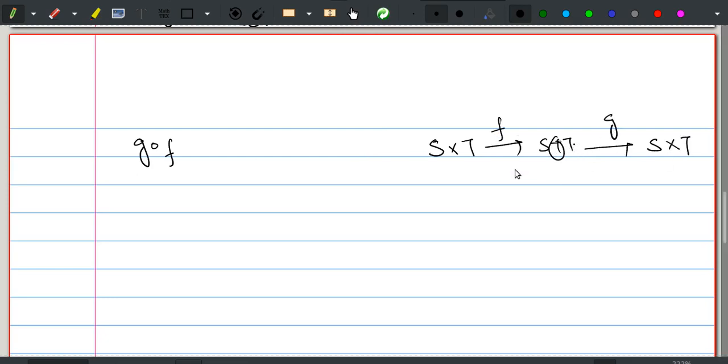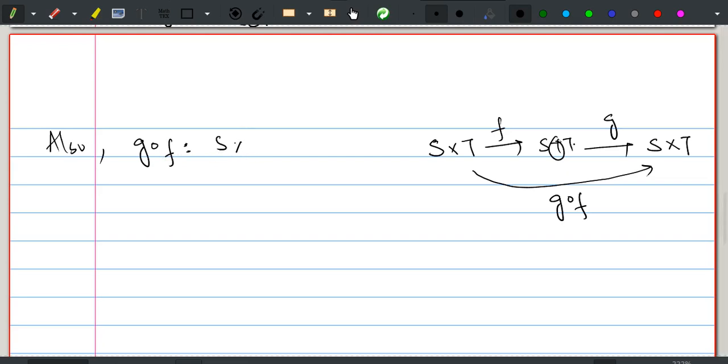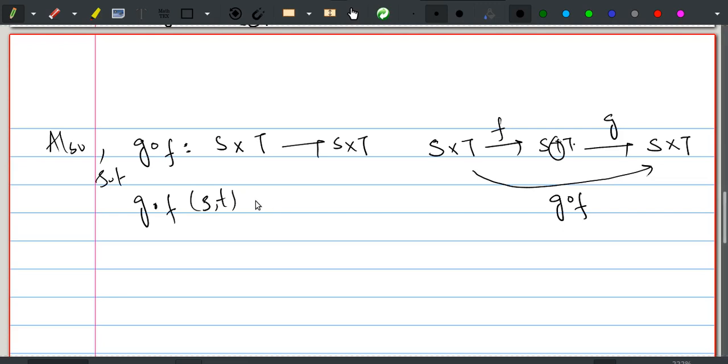So this composition is G of F, a function from the Cartesian product of S and T to itself, such that G of F on (s, t) is G of F of (s, t).